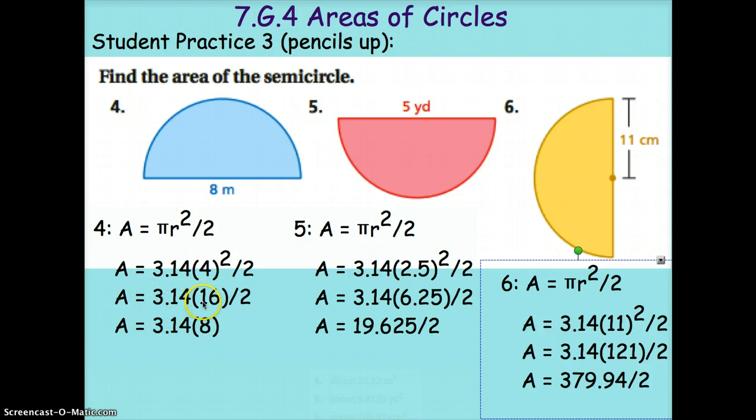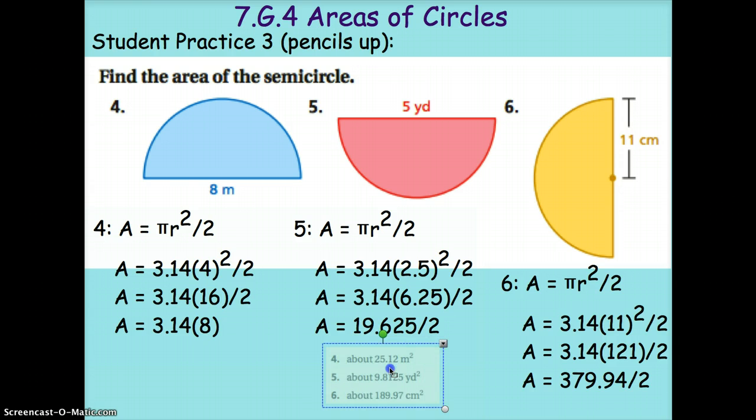I could have multiplied these together first and then divided the whole thing, but it will still give me that same answer. Here, it wasn't easy enough to do this in my head, so I simply did that multiplication first, and same thing with problem 6. And then you can go ahead and check your final answer right down here, and you will see we've included the units, meters squared, yards squared, and centimeters squared. So make sure you're working very carefully, check your answers, and go ahead and go on to the quiz.